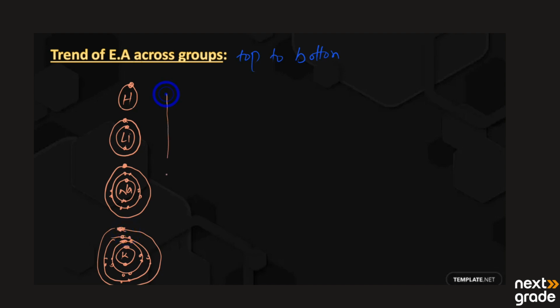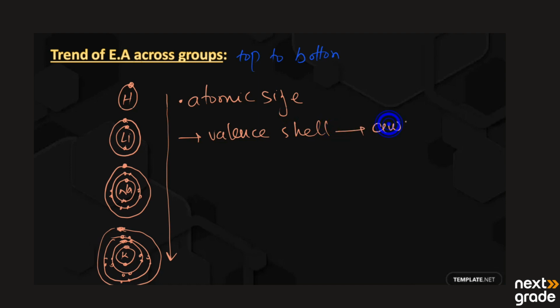So when we move from top to bottom, the atomic size increases. The valence shell is going away from the nucleus, or we can say that the distance between the nucleus and the valence electron increases.